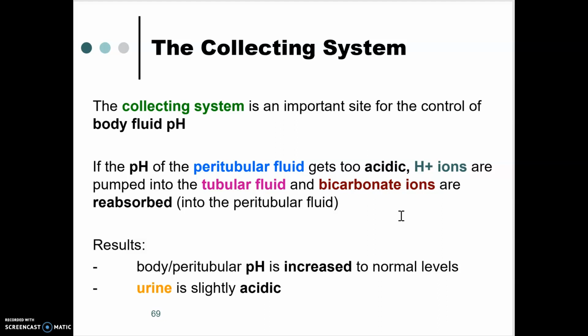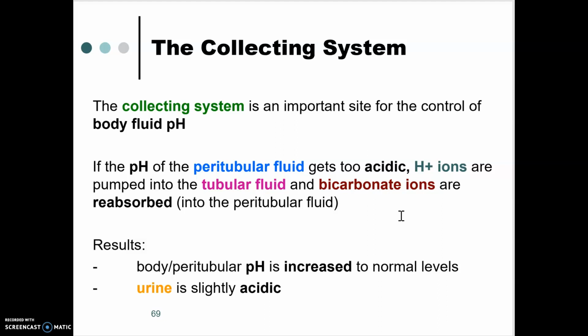If the pH of the peritubular fluid gets too acidic, hydrogen ions, which are what basically make things acidic, are pumped into the tubular fluid, and bicarbonate ions, which have a higher pH, are reabsorbed.